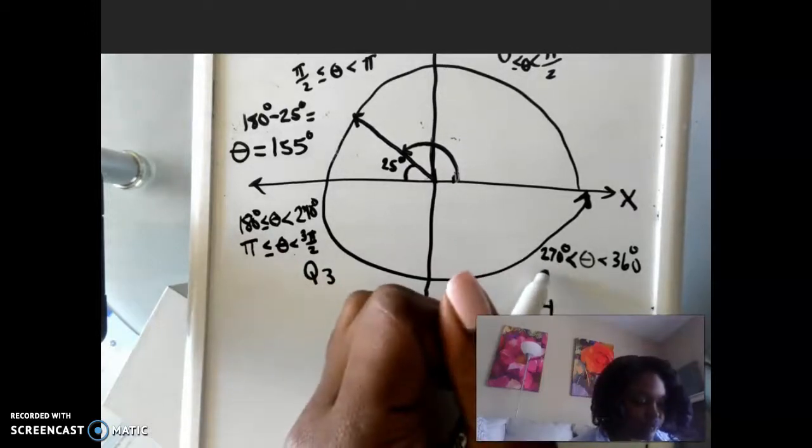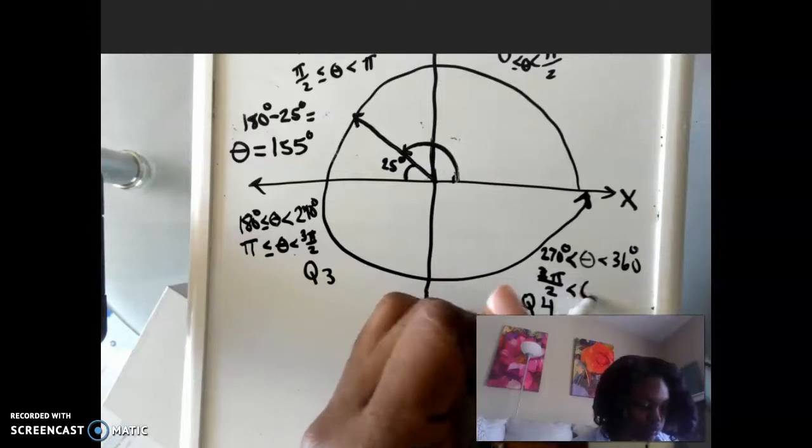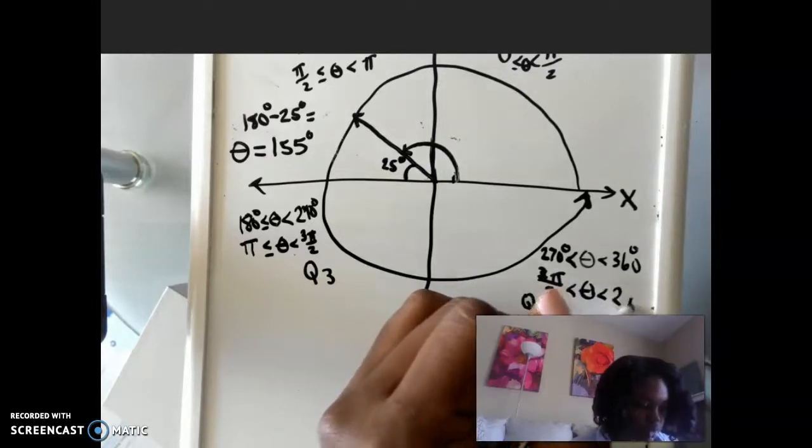And then the radians would be 3 pi over 2 and 2 pi.